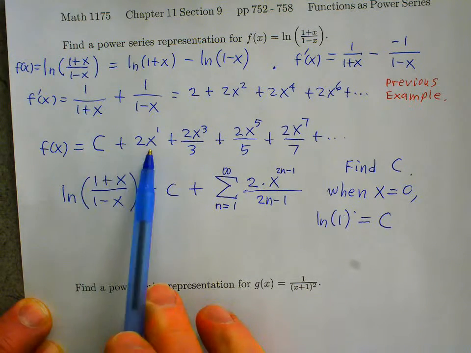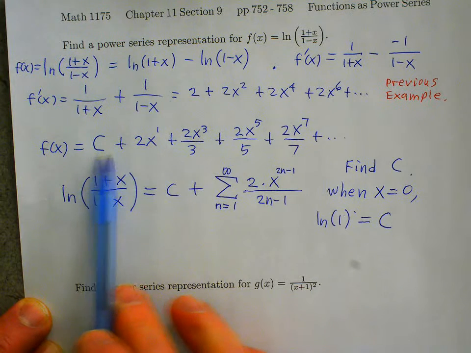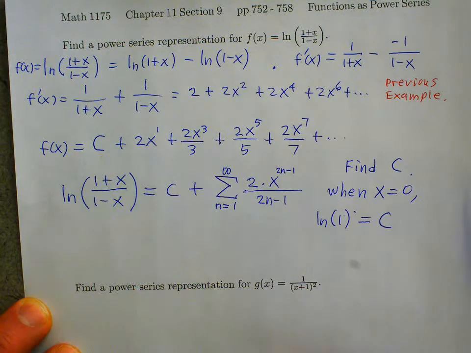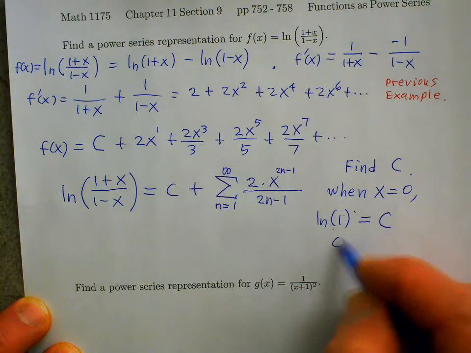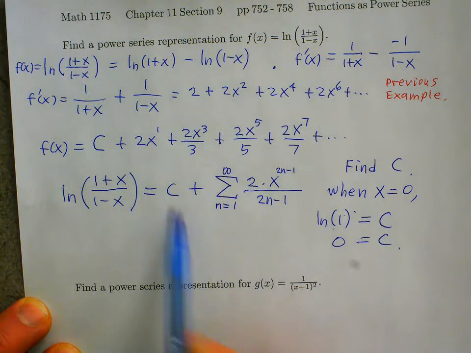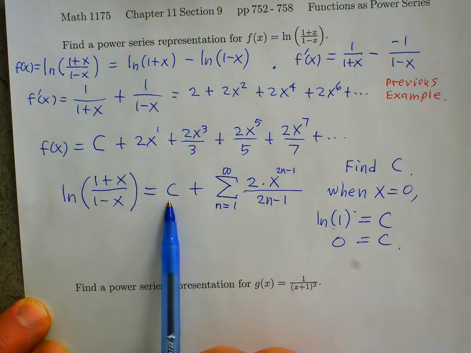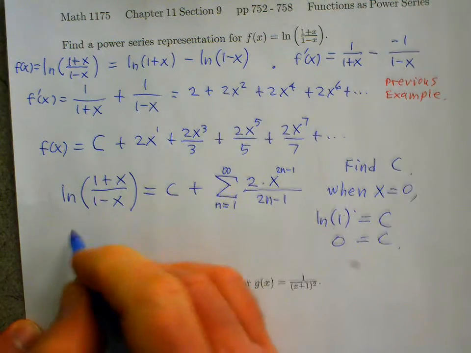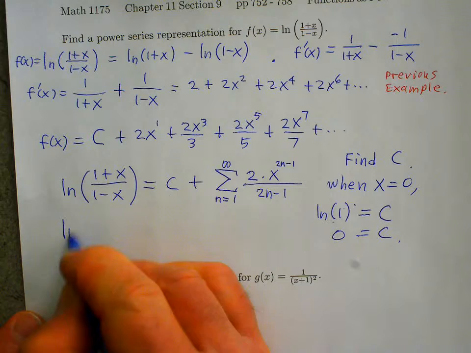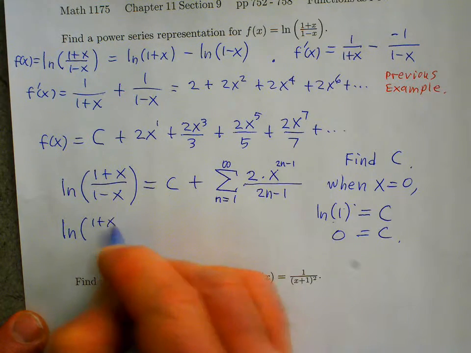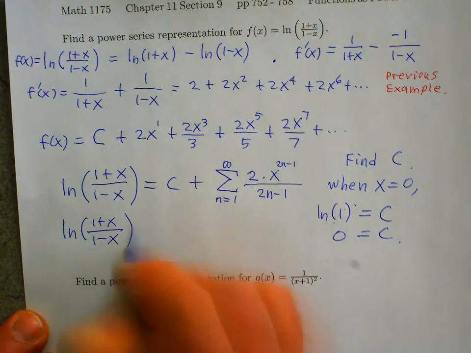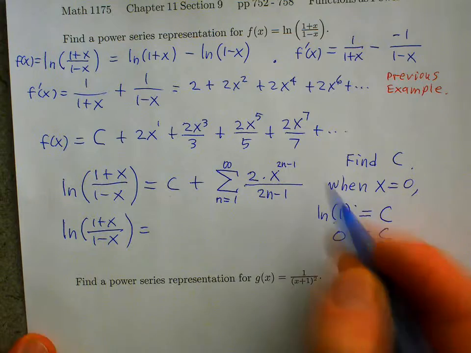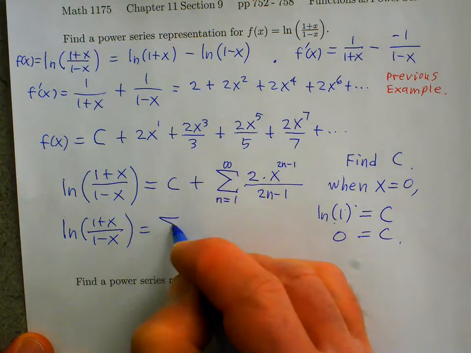And when we replace every x with 0, the only thing left on the right hand side is c, but the natural log of 1 is 0, so c is 0. So we update this and write the natural log of 1 plus x over 1 minus x is just this power series.